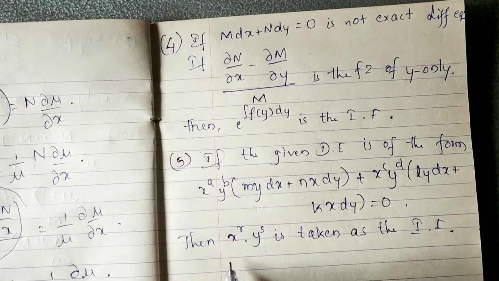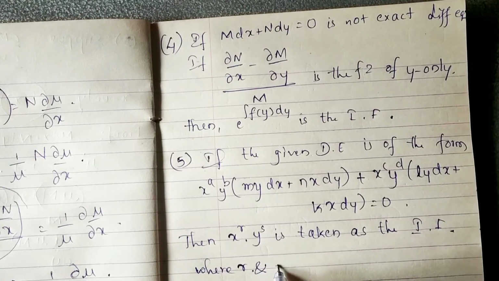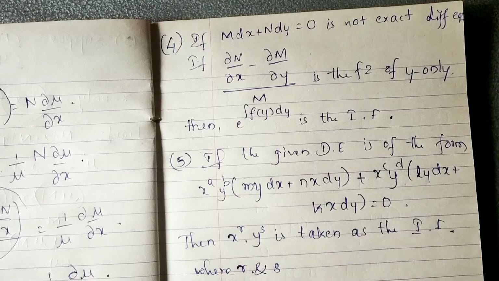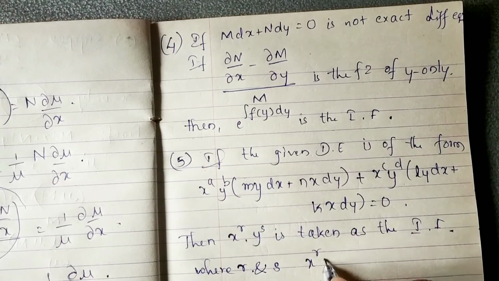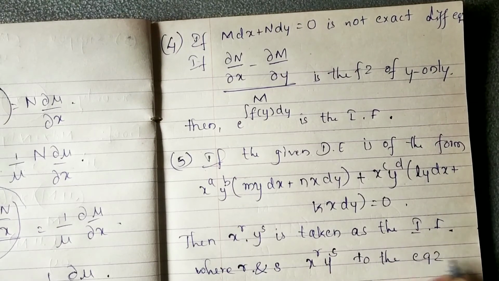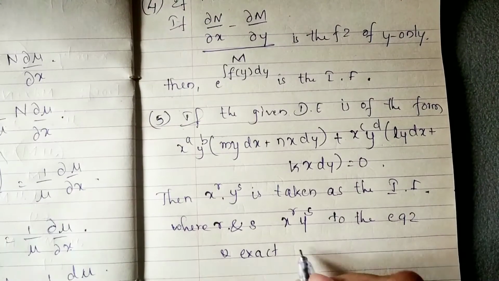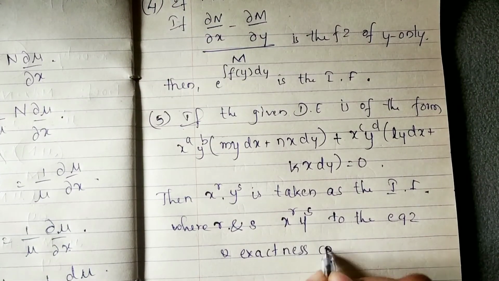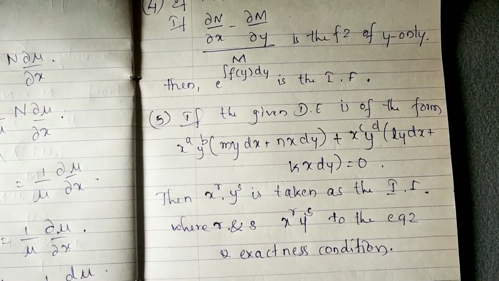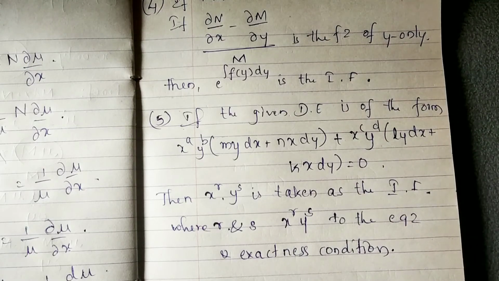Here r and s can be found by multiplying the integrating factor x raised to r into y raised to s to the equation and satisfying the exactness condition.